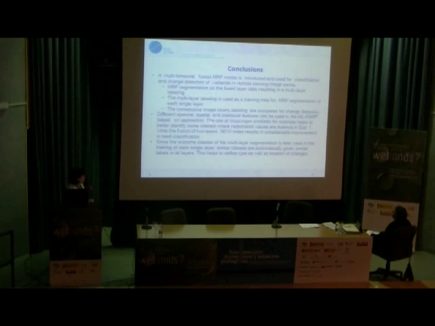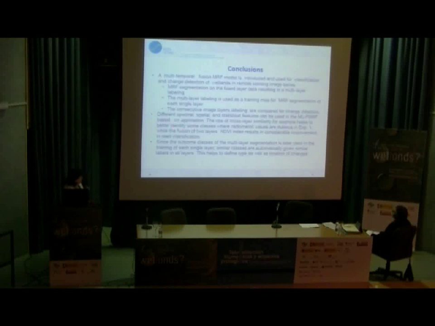For example, the use of cross-layer similarity measure helps to better identify some classes where radiometric values are dubious, like in experiment 1, while the fusion of 2 layers of the normalized difference vegetation index results in considerable improvement in the reed classification.